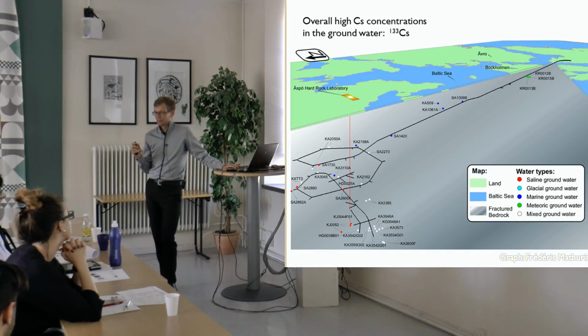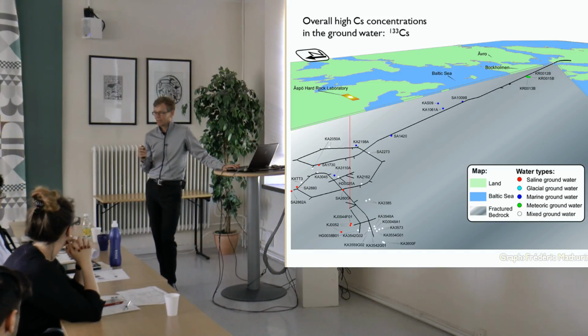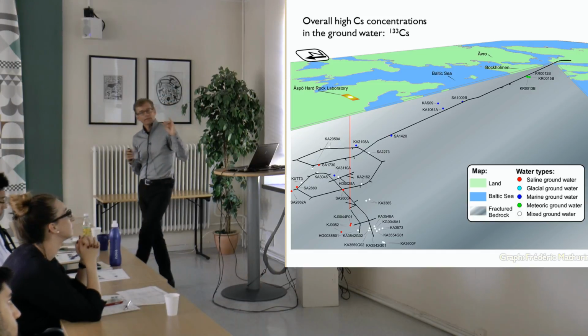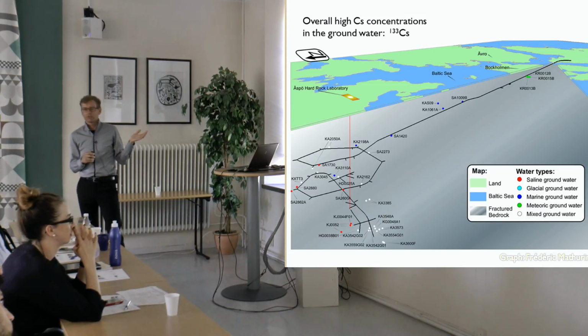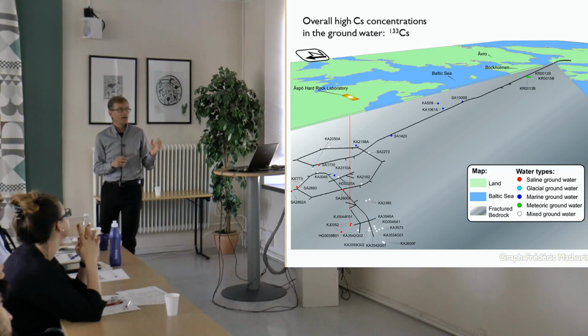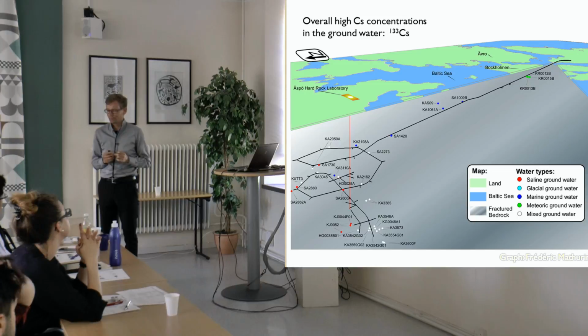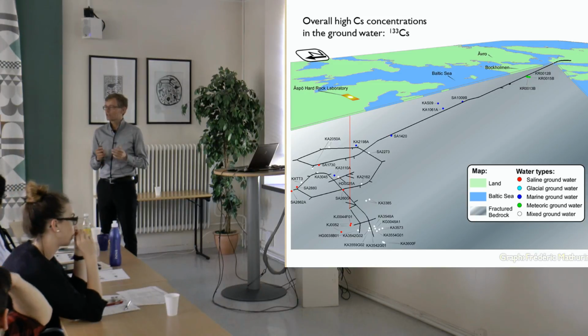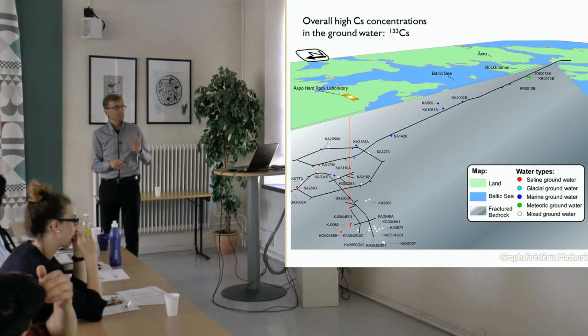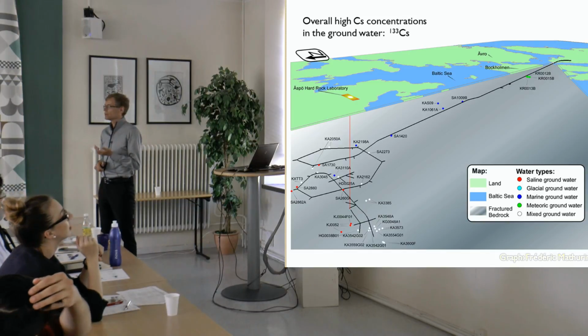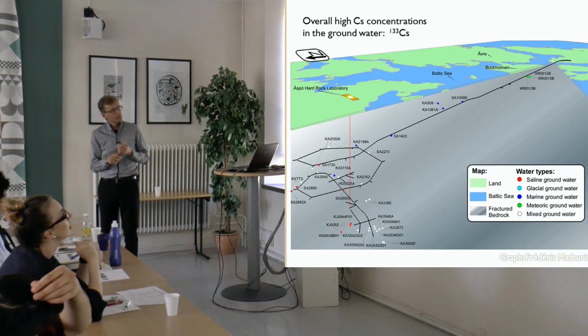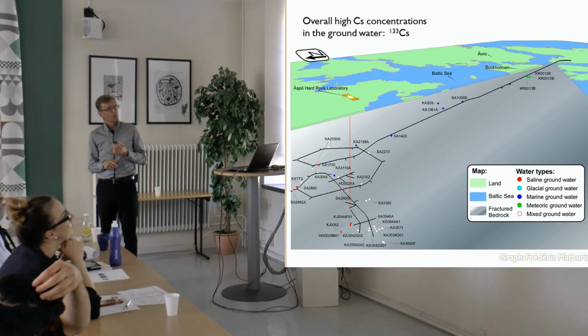You know cesium. That is a metal in the periodic table of the elements. And a feature of these groundwaters is that they have high concentrations of cesium. And that was quite unexpected. Many of these boreholes have high concentrations of cesium. Now remember, this is cesium-133.